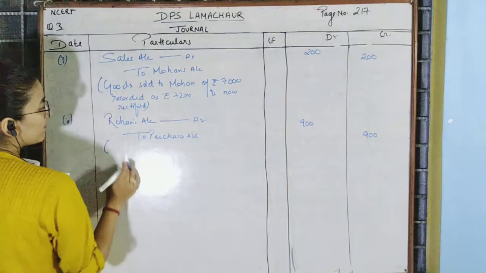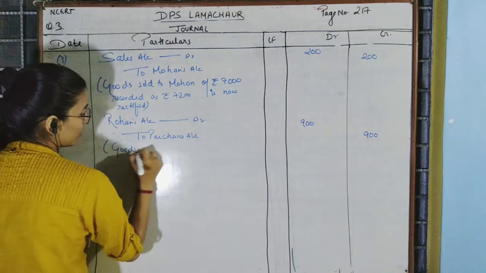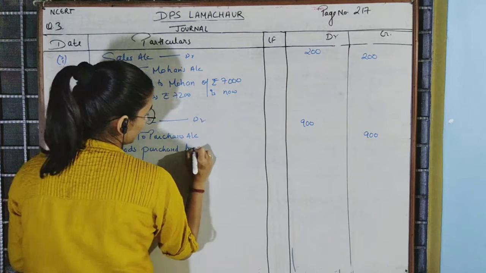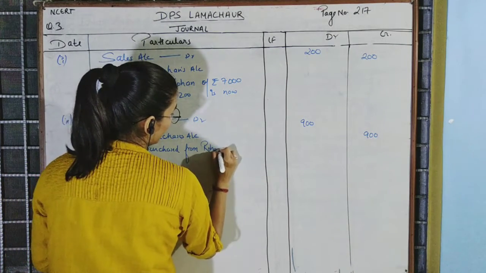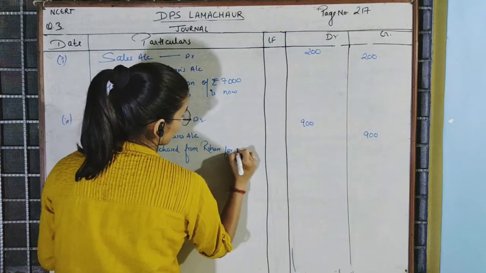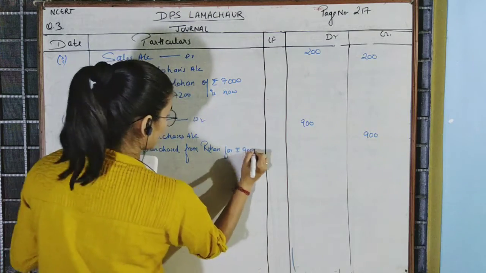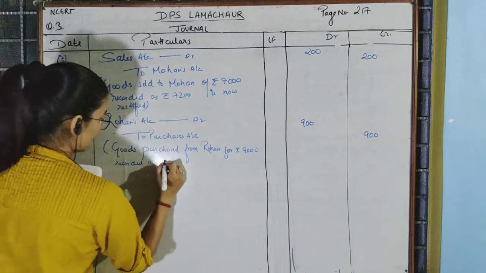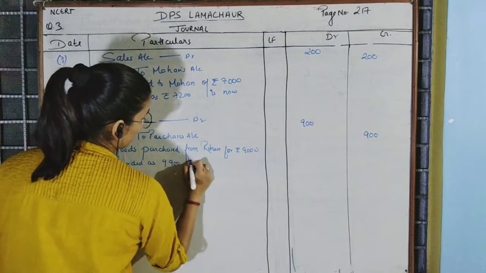Narration for this entry will be goods purchased from Rohan for rupees 9,000 recorded as 9,900 is now rectified.